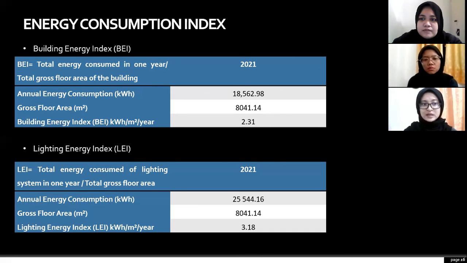The result of this study needs refining by considering the number of days the building was not utilized. The building is not fully utilized during semester break when students are not on campus. For the lighting energy index, we got 3.18 kilowatt hour per meter square per year.